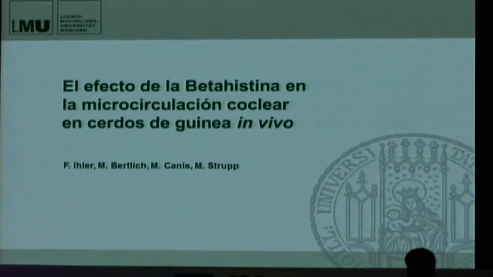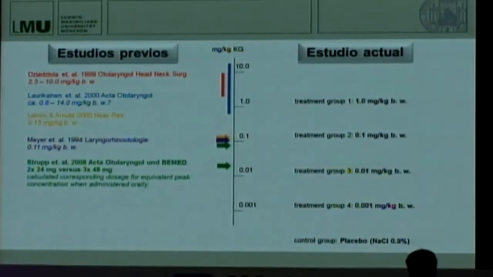Then we were interested in a possible mode of action, and together with our ENT colleagues, we looked at the effects of betahistine on microcirculation in the cochlea. We used an established model. Prior studies had shown that cochlear blood flow increases, but the concentrations were much higher than what you would expect in humans.